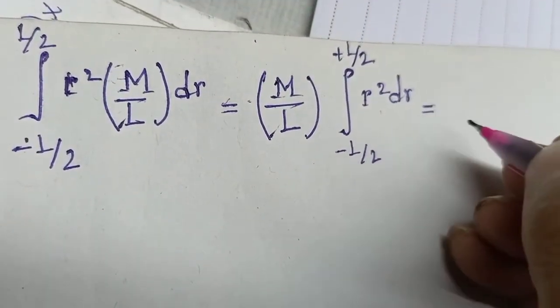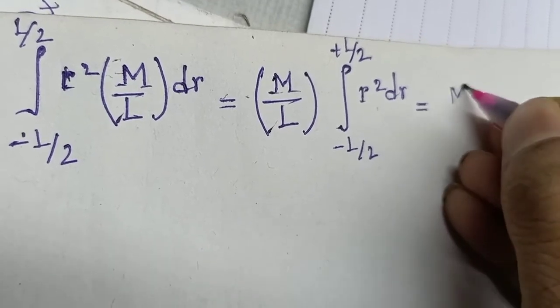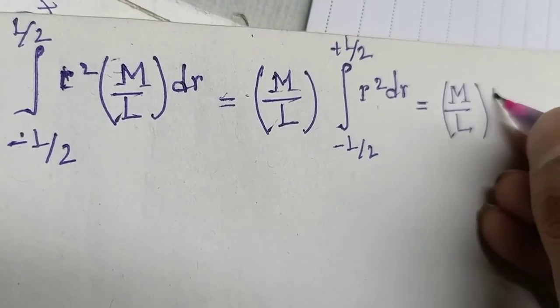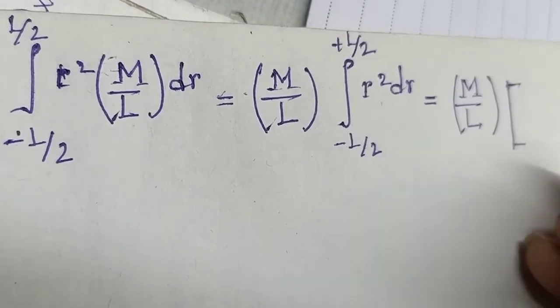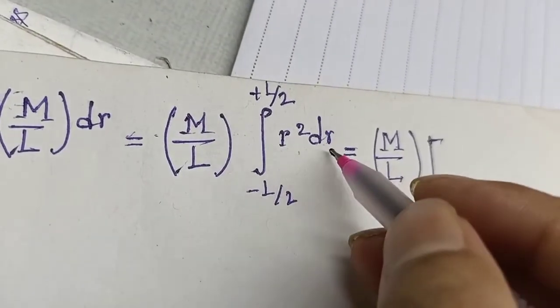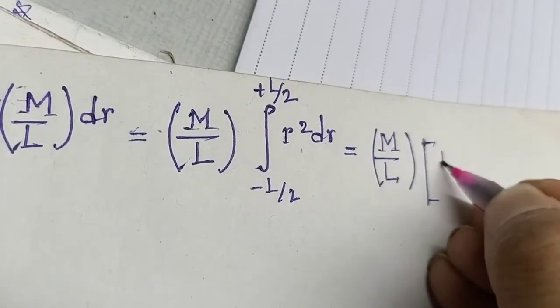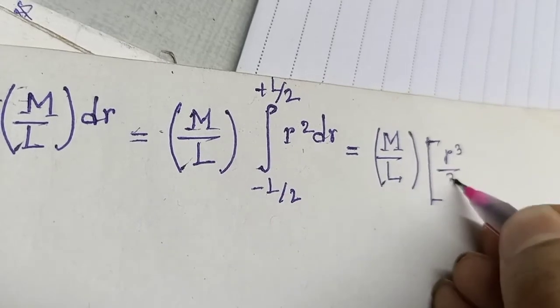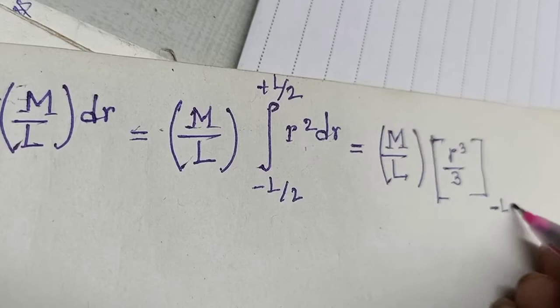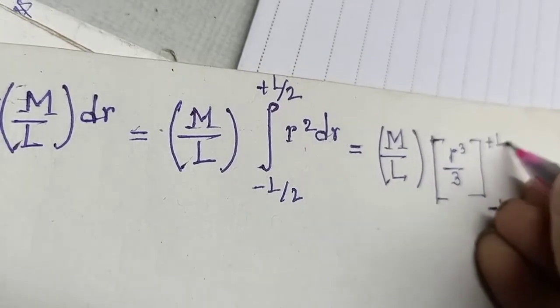So that will be equal to M divided by L into the integral of r square dr. Now from the standard integral results, the integral of r square dr is r cube divided by 3, with limits minus L by 2 to plus L by 2.